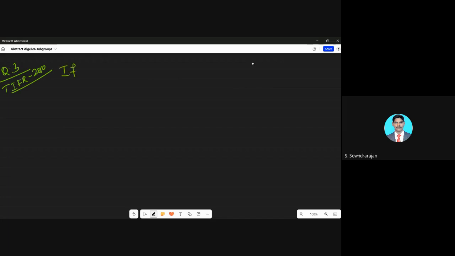If order of G equals 8, then there exists a belongs to G such that order of a equals 2. Now you have to say which is true or false. So we need to verify whether it is true or false.